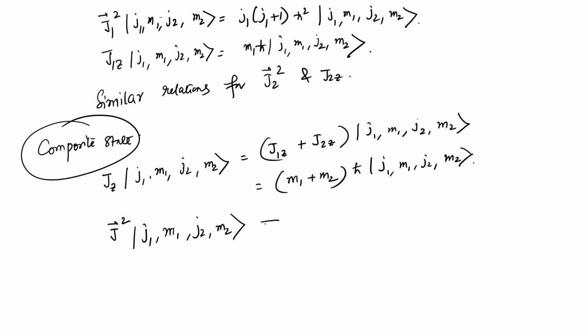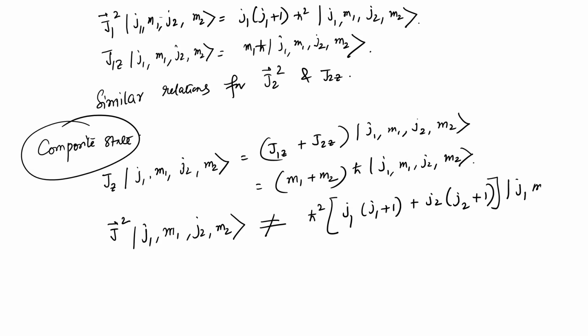Now, that is not equal to, if I take h cross square common, J1 into J1 plus 1 plus J2 into J2 plus 1 times these states. So, this is incorrect.